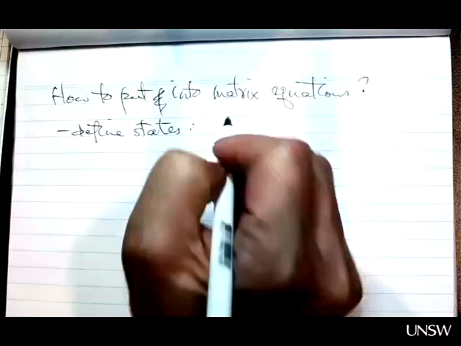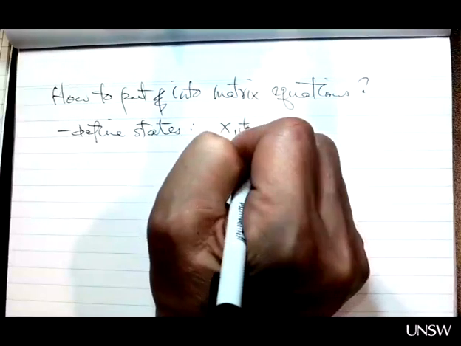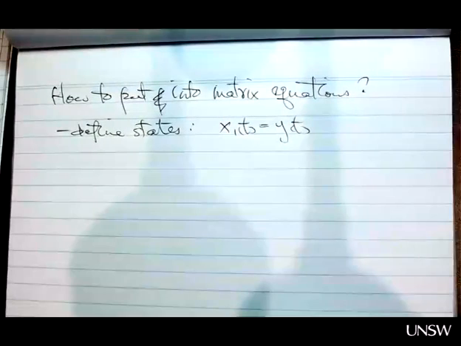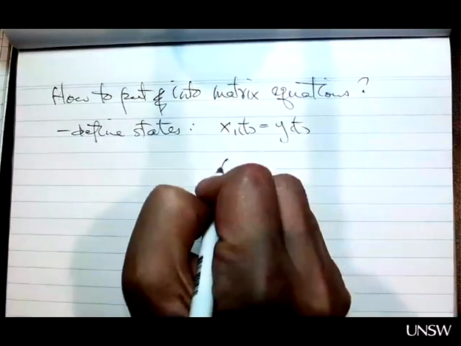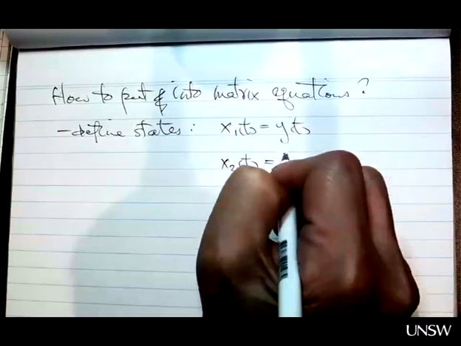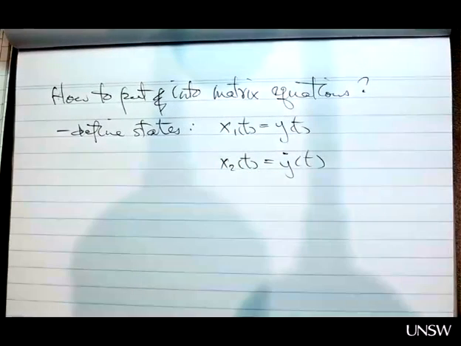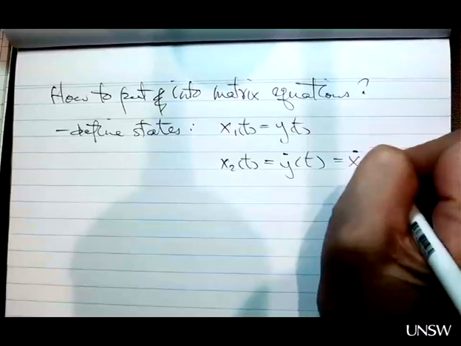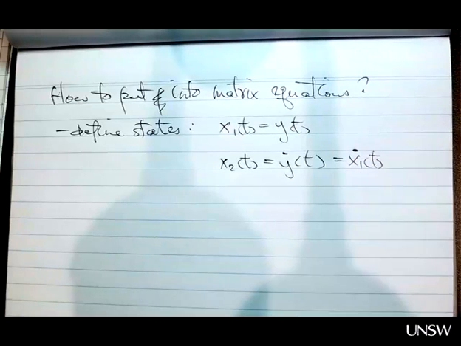For example, we can call x1 equals y, and then we can call x2 equals y dot. So it is also equal to x1 dot.